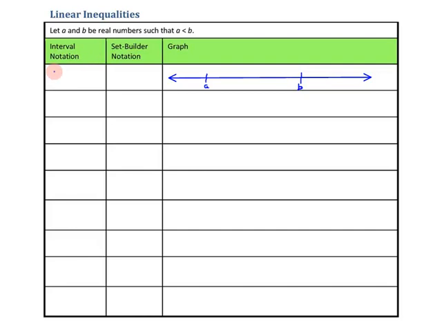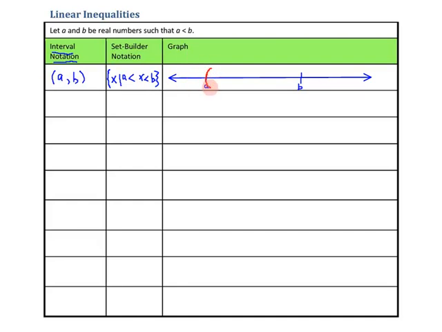Now, if we have the interval A comma B, and you're going to have to tell this from what kind of a problem you're working on, this looks like an ordered pair, so it looks like a point, but in the context of talking about intervals, this notation means the set of all numbers, in fact I can write this as a set, the set of all numbers x, such that x is some real number between A and B, but not including A or B. So if I were to graph this on the real number line, it would look like this.